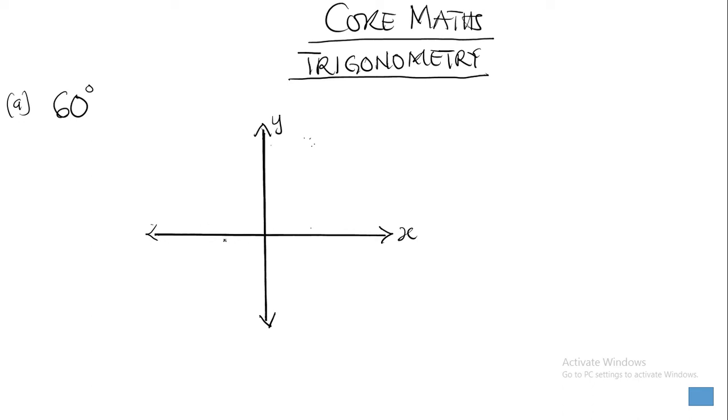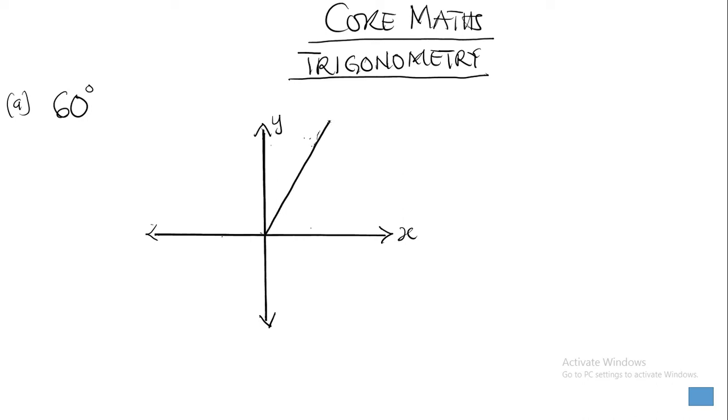So you have to bear that in mind. So let's see how it is drawn. You only need your terminal arm because your initial arm is just the positive x-axis. So you draw your terminal arm of 60 degrees. Okay.